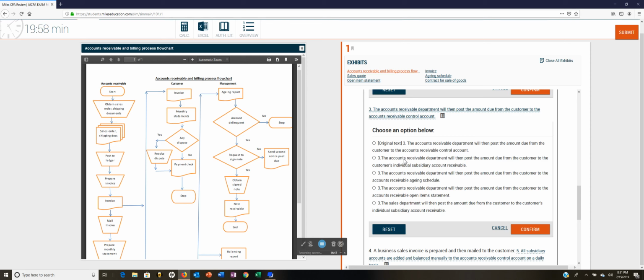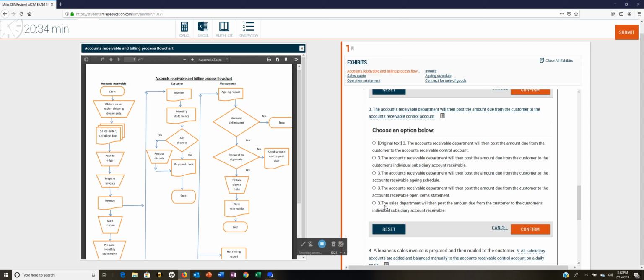Let's look at the options they give us. The account receivable department will then post the amount due from the customer to the customer's individual subsidiary account receivable. That sounds right. But let's still look at the other answers because there could be a better one. The accounts receivable department will then post the amount due to the accounts receivable aging schedule. No, they wouldn't do that. The aging schedule is created by the credit department. Then the accounts receivable open statement.